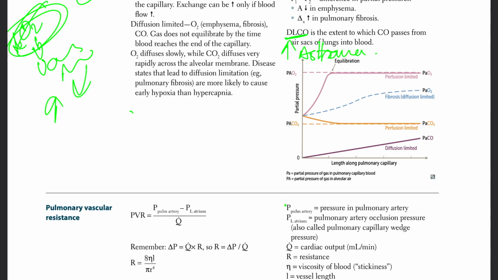That's important. And it is decreased in almost all the other diseases like emphysema, pulmonary hypertension, pulmonary embolism, or interstitial lung disease, anything. So most of the diseases have low DLCO. There's going to be a decrease in DLCO, but the only disease which has an increase as of right now is going to be asthma, and that's all.